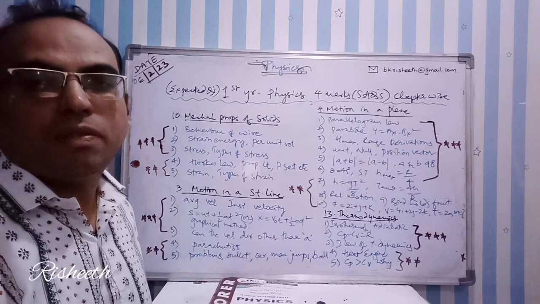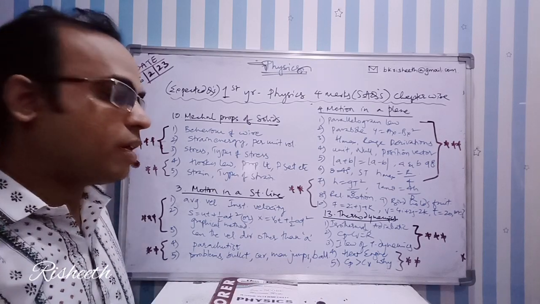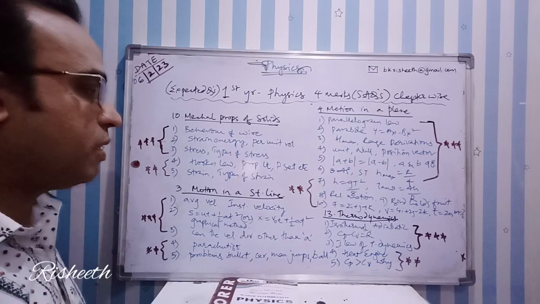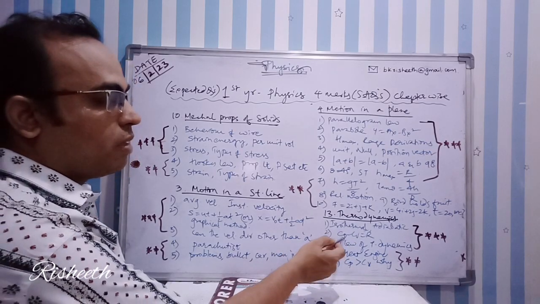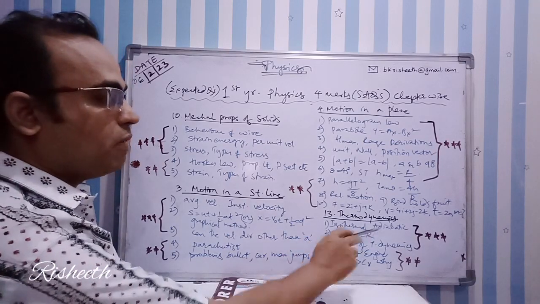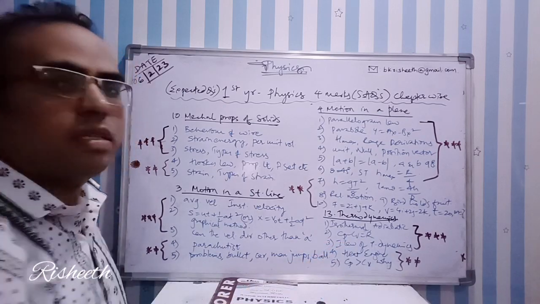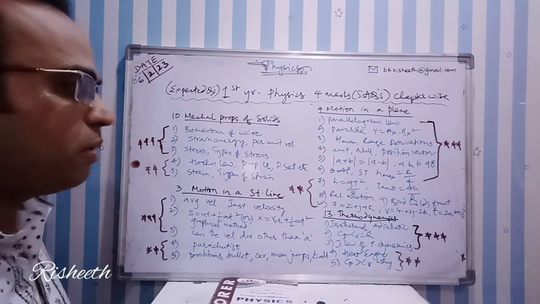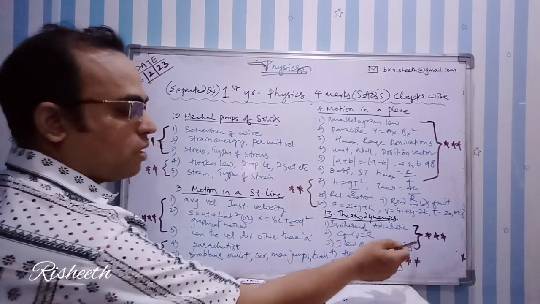Even if 1 point is wrong, out of 5, if 4 are correct, they'll give 4 marks for that. Next, what is the relation between specific heat at constant pressure and specific heat at constant volume? Finally, you'll get Cp minus Cv equal to R. Next, first law of thermodynamics, that is dq equal to du plus dw, derivation part. Like this, 3 questions are 3-star questions.